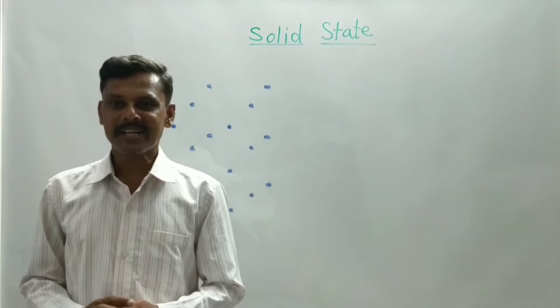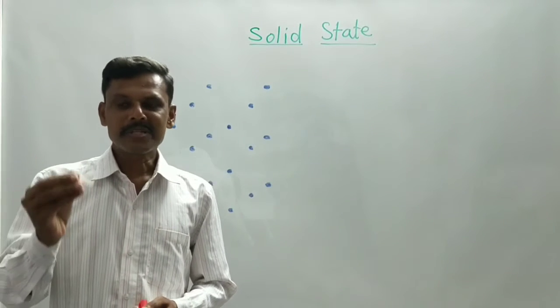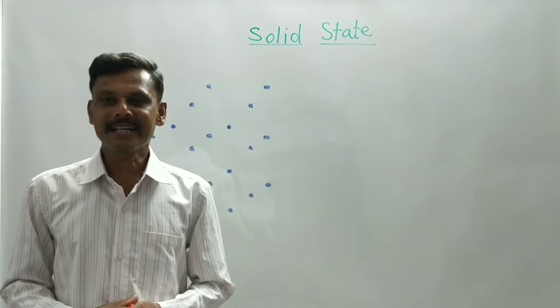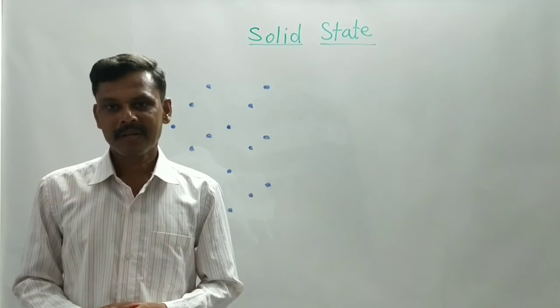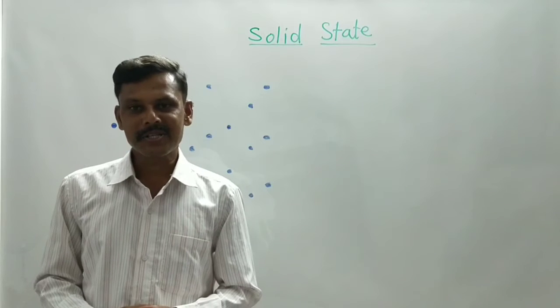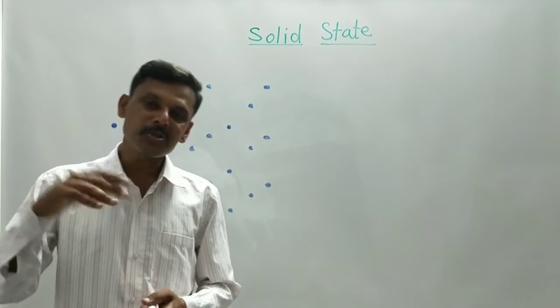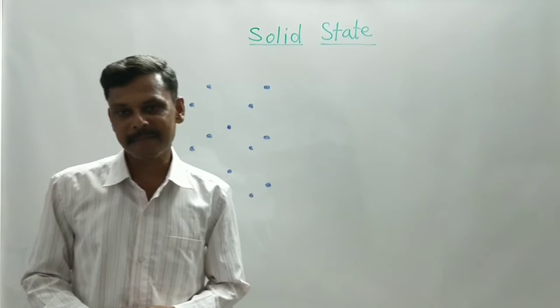Now we understand crystal structure by using two terms, that is lattice and basis. Lattice is the three-dimensional arrangement of points. This three-dimensional arrangement of points is also called space lattice.